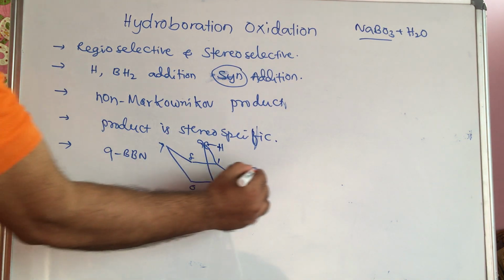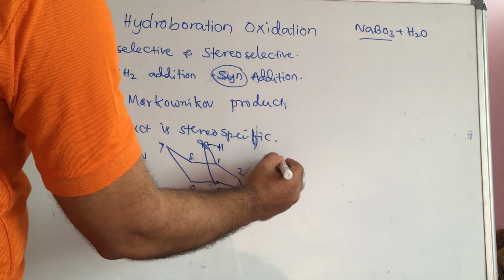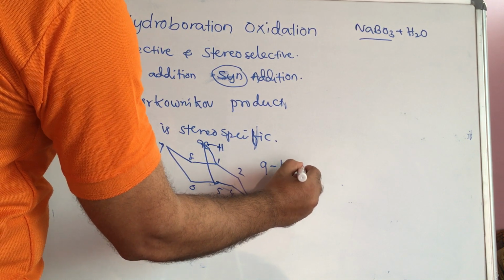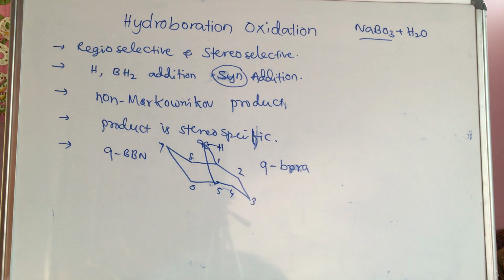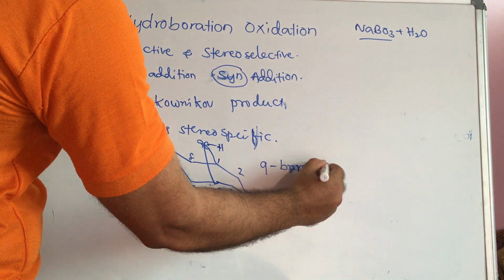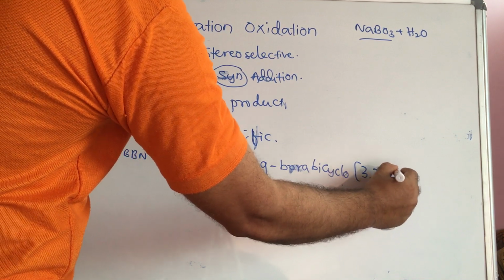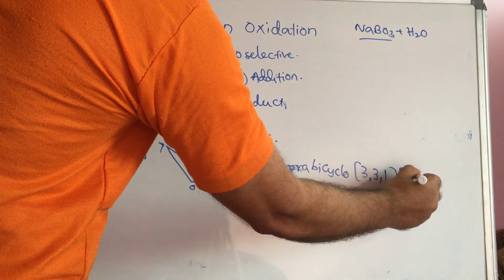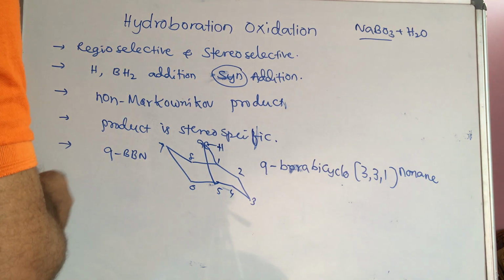So this is called 9-borabicyclo[3.3.1]nonane. That's what it is called, simply 9-BBN.